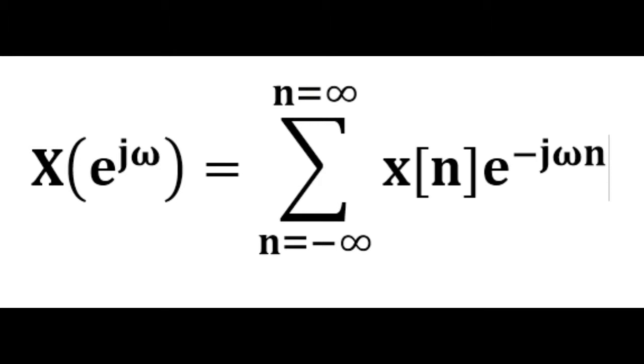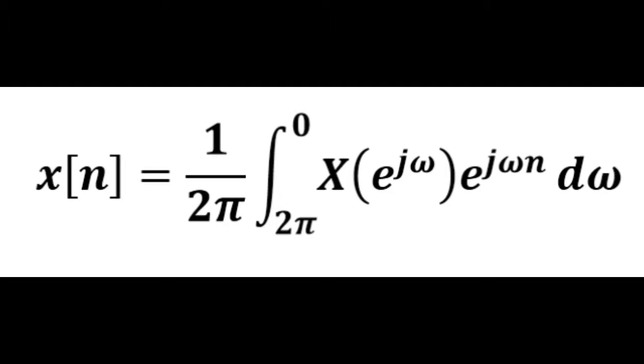Thank you. Let's proceed to the discrete time Fourier transform. The discrete time Fourier transform can be defined as X(e^{jω}) equal to the summation from negative infinity to infinity of x[n] times e to the power of negative jωn.